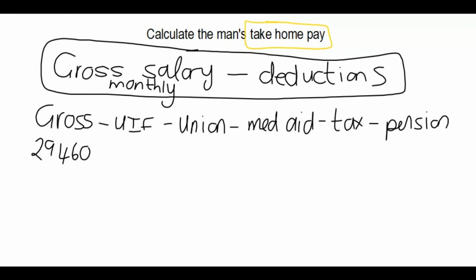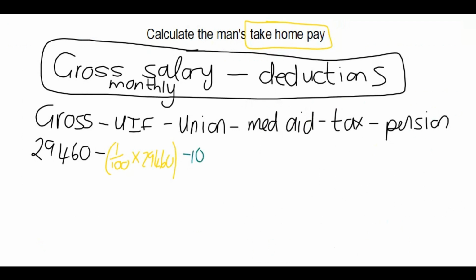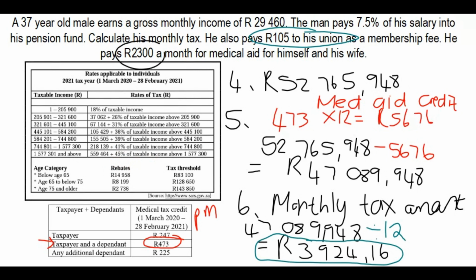His monthly UIF is 1% of, so it's 1/100 of that monthly 29,460. Then his union amount, he said there, he pays 105 Rand to his union. And his medical aid, he said he paid 2,300 Rand a month for his medical aid.